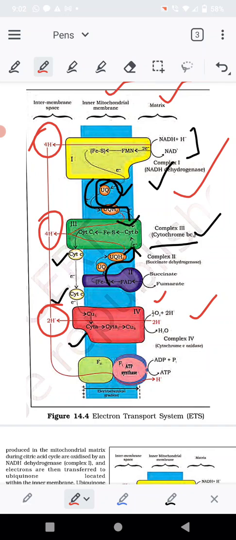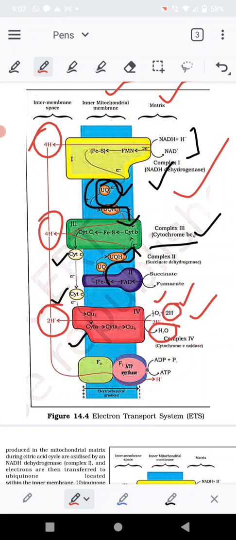The oxygen, on receiving the electrons, gets reduced to water along with the hydrogen atoms, and it makes the water molecule. So I can say that the oxygen functions as the terminal acceptor of the electrons, and it is reduced to water along with the hydrogen atoms.